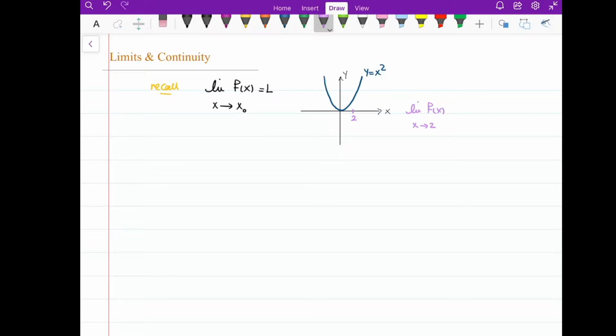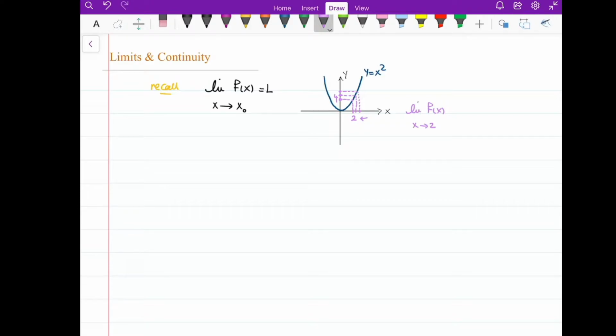If we go to the point 2 from the right, we pick this point and then go to here. We are getting closer to the point 2, and very close to the point 2 we get to the point 4.